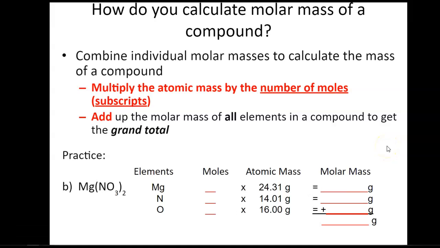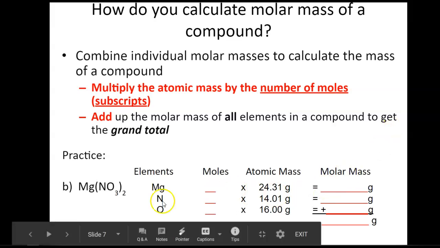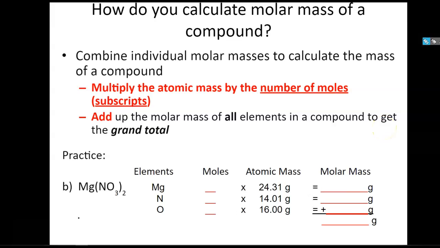So you can see here that we actually have magnesium nitrate, and we are going to have to multiply by a certain number of subscripts that we have here. So we're going to need to figure out what that looks like. Okay, so how do we do this calculation? We're going to remember to multiply the atomic mass by the number of moles.